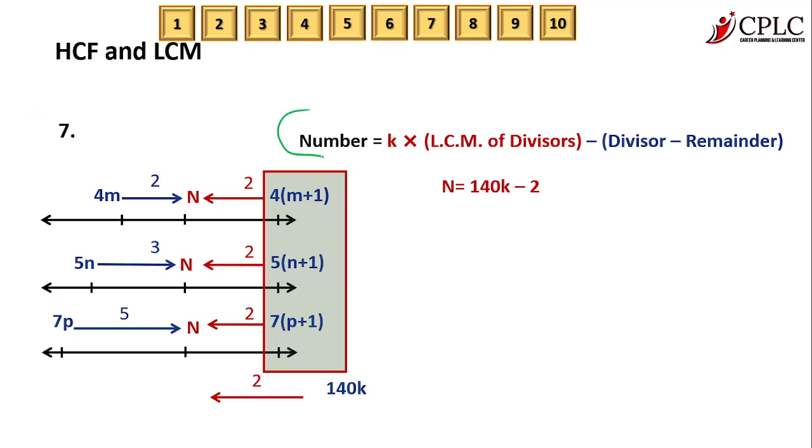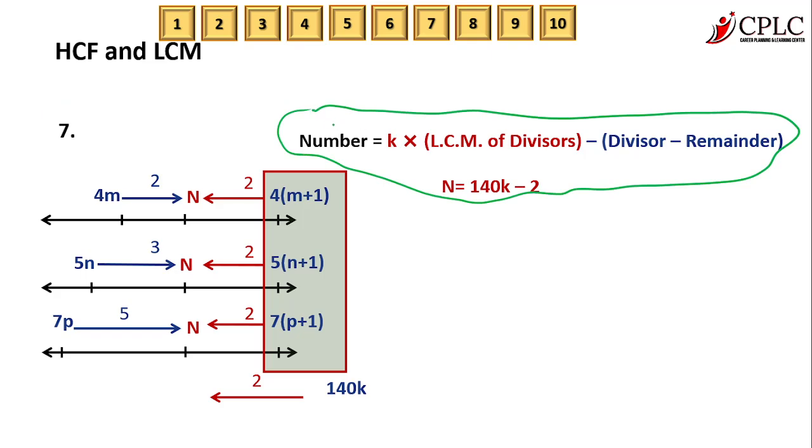So again, the same process, only remember this thing, nothing else in such type. Again, the LCM of 4, 5, 7 is 140, and the difference between the divisor and the remainder should be constant always. In that case the difference was 2, in this case the difference was 2, hence the general type of the number is this. Now they are asking for the second smallest number.